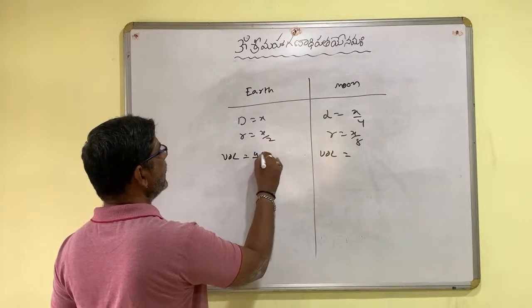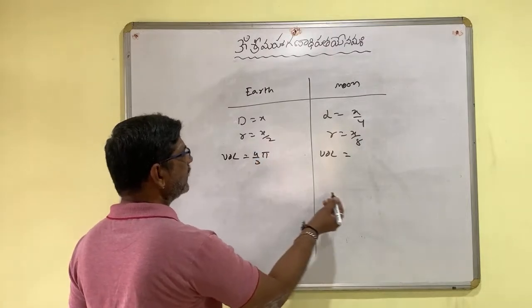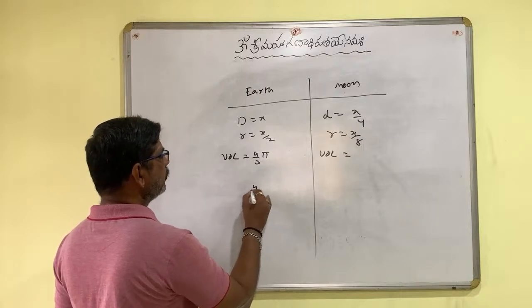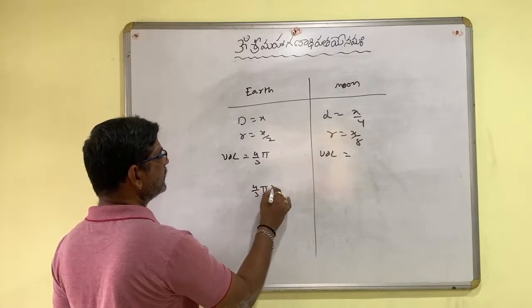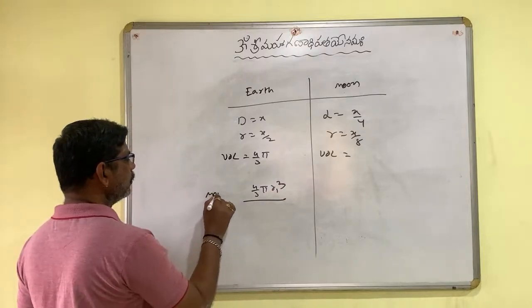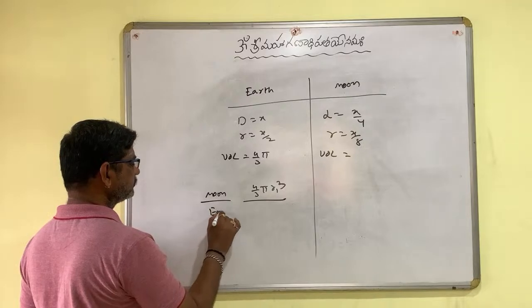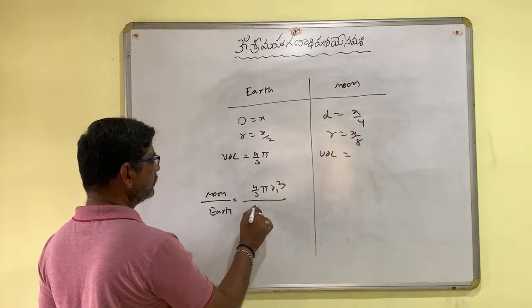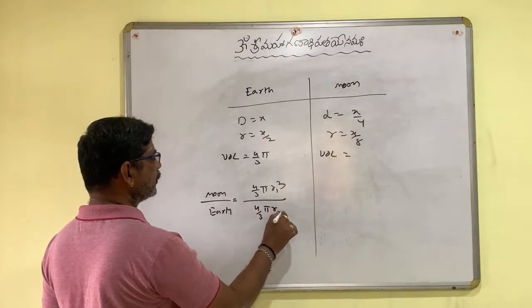Four by 3 pi, or you can directly see it like this. Moon volume is 4 by 3 pi r1 cube, Earth volume is 4 by 3 pi r2 cube.